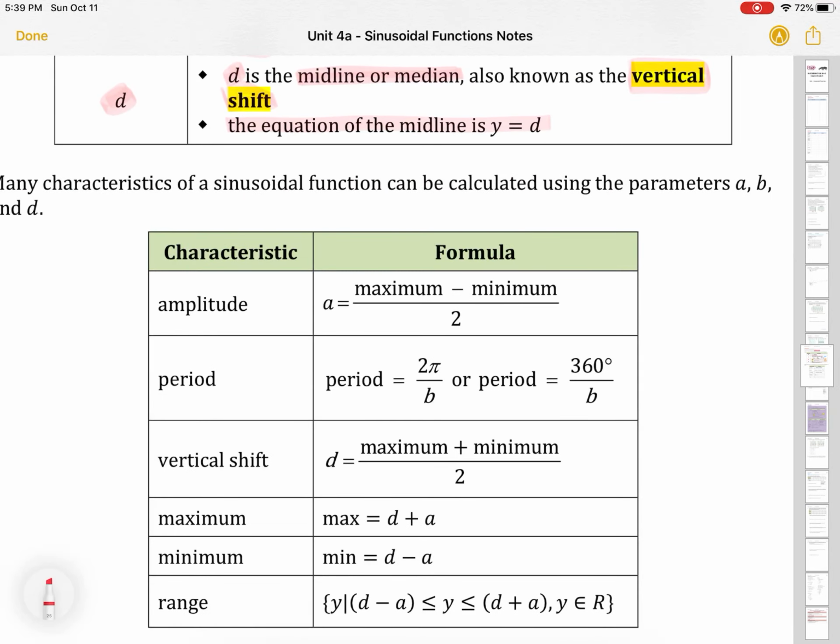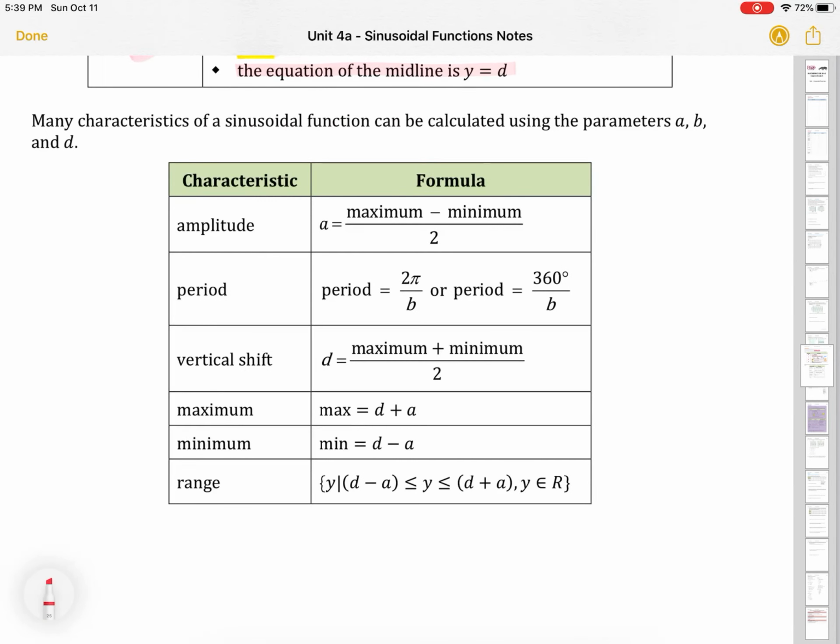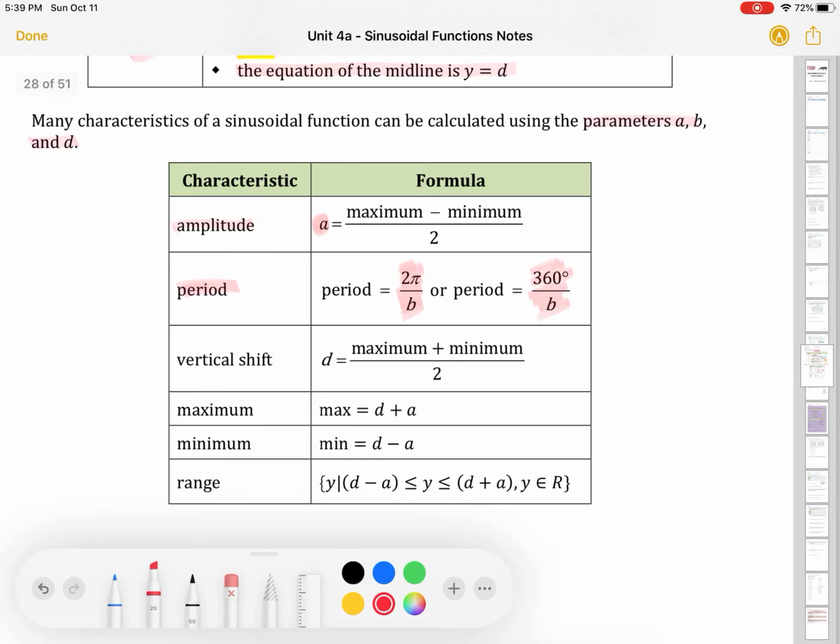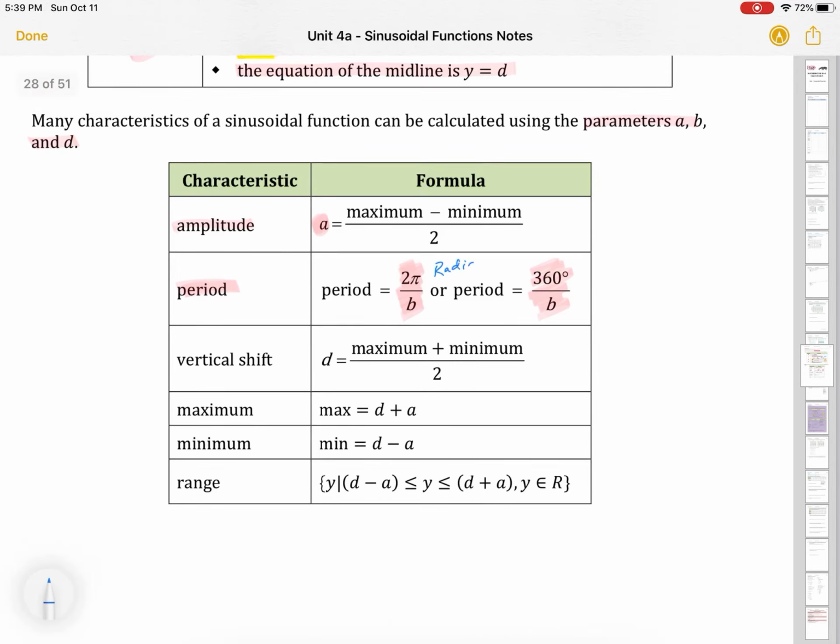Many characteristics of a sinusoidal function can be calculated using the parameters a, b, and d. So amplitude is a. It's the maximum minus the minimum over 2. The period, we can tell either using this formula or this formula, depending on whether it's in radians or degrees.